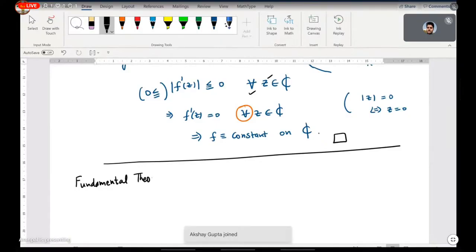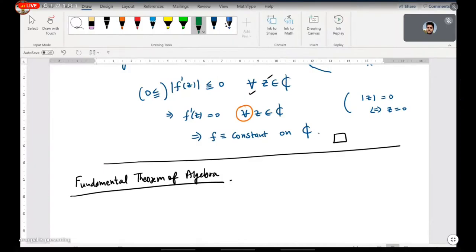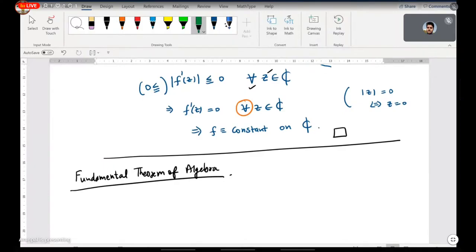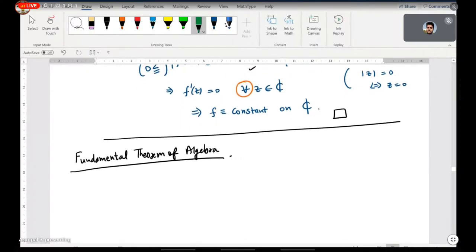Fundamental theorem of algebra. Let me give you its statement first.